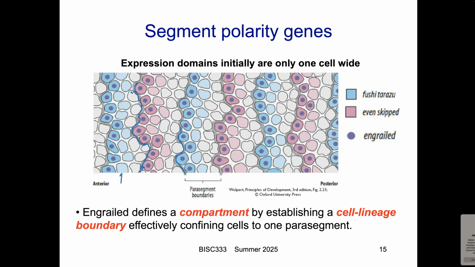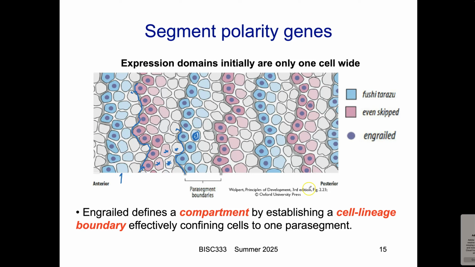What happens is if you do experiments and you inject and put a label on a cell inside one of these compartments, and then it divides, and both of the cells have the label, and then it divides again, and all 4 daughter cells have the label. What you will find is the labeled cells are always between these two sort of magical boundaries. You never label one of these cells with a fluorescent dye and suddenly see cells with the dye in another parasegment.